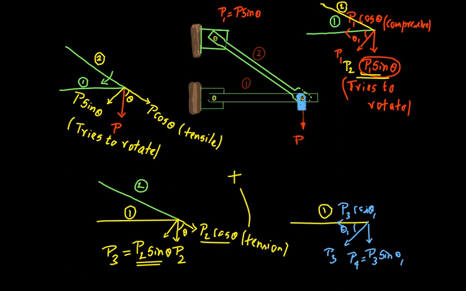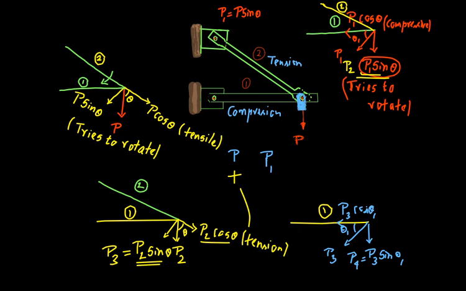Finally, you will be able to understand that member 1 is always subjected to compression, and member 2 is always subjected to tension. Every time you keep resolving the forces, you started with capital P, and you ended up with P1, one component that tries to rotate.